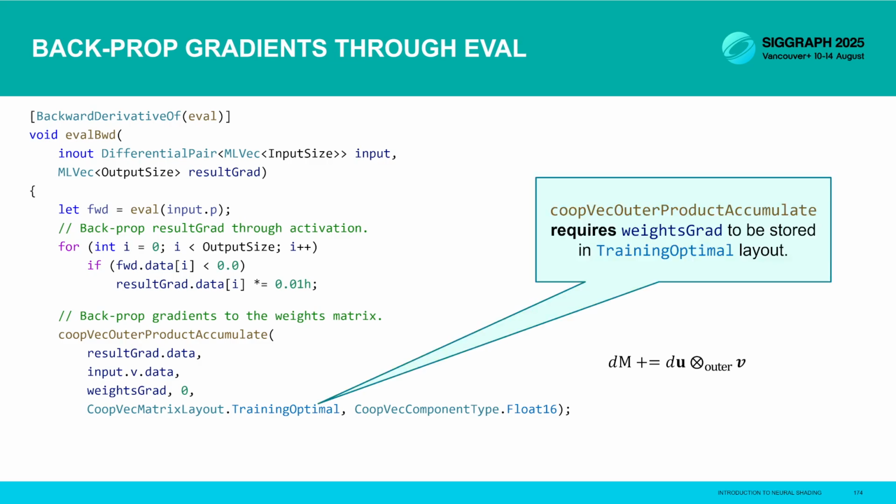Here, note that the CoopVec outer product accumulate requires the gradient of weights to be stored in training optimal layout, which is a vendor-specific opaque layout. So if you want to read the values of the propagated gradients afterwards, you will need to convert it into a row major or column major layout in a separate step. We will talk more about this in the next section.